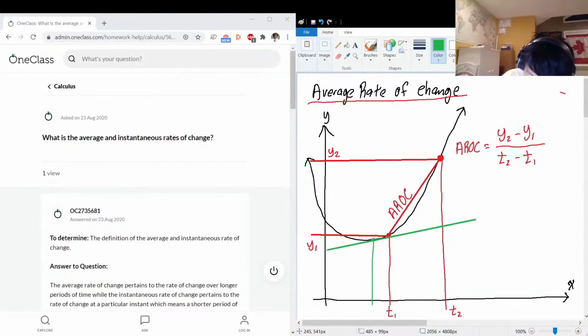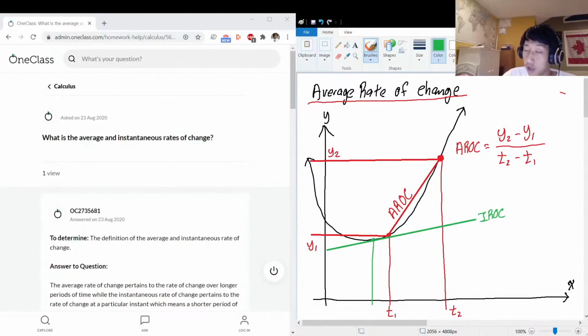It's probably something like that. Okay, so you see how with AROC you're going to be able to see space between them. IROC is pretty much this. You find the process the same way as you find AROC, except the difference or the space between them is infinitesimally small.